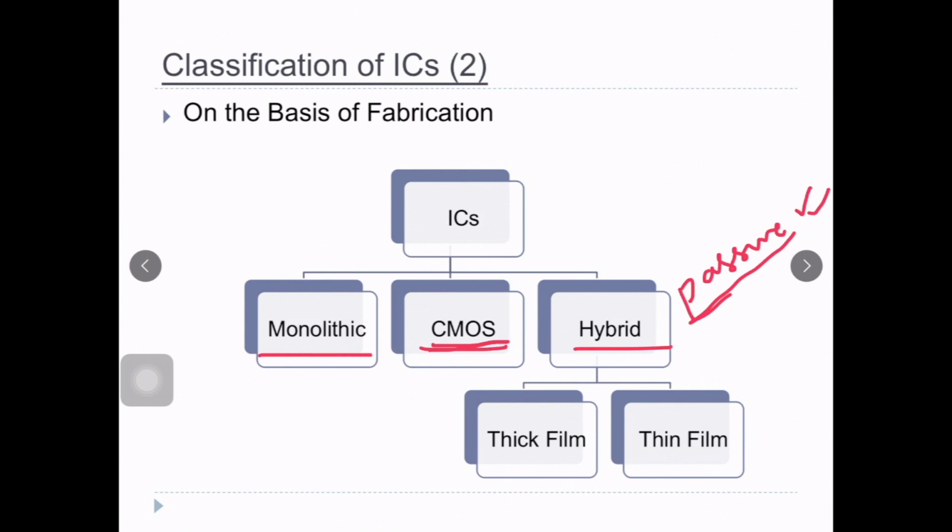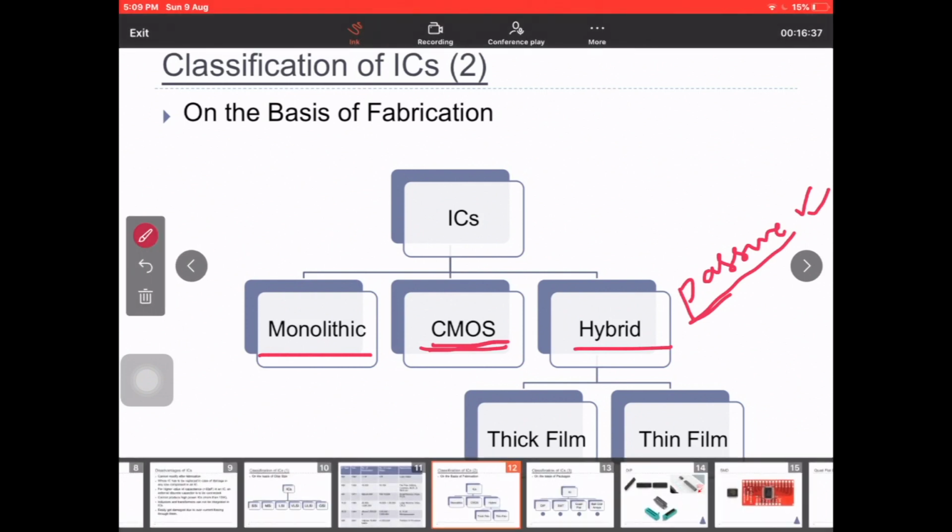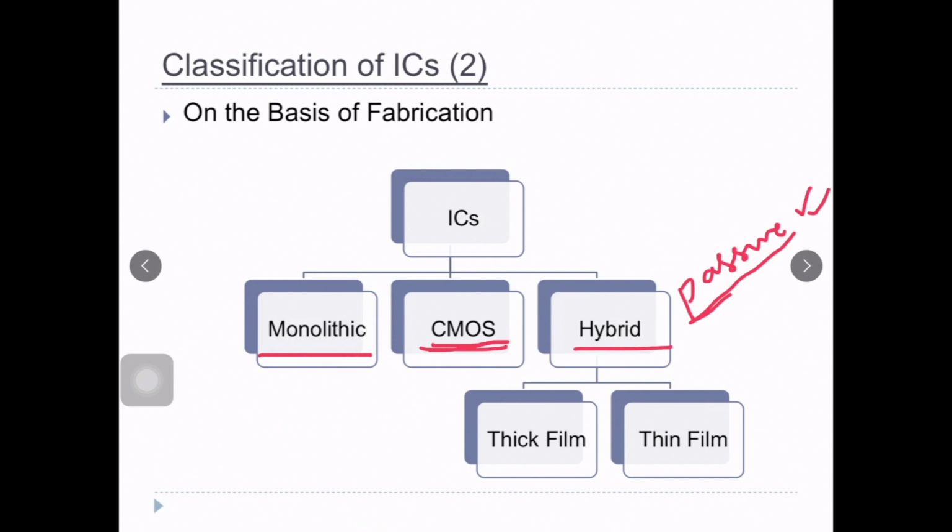Hybrid ICs are further classified as thick film and thin film hybrid ICs, depending upon the method used to form the resistors, capacitors and related interconnections on the substrate. When a suitable material is evaporated on a substrate to form resistors, capacitors and interconnections, a thin film hybrid IC is obtained.